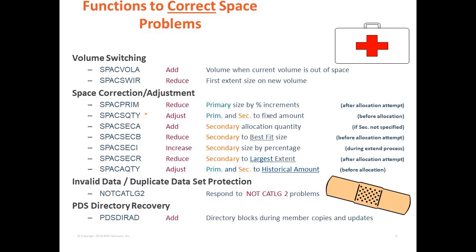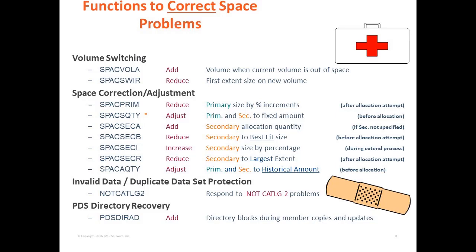Functions that are directly related to correcting space during allocation, or while a dataset is extending, are SPAC Prime, SPAC Quantity, SPAC-SEC-A, SPAC-SEC-B, SPAC-SEC-I, SPAC-SEC-R, and SPAC-A Quantity.